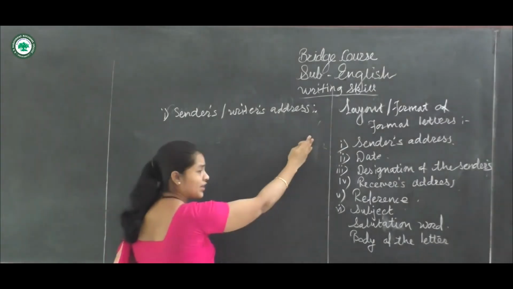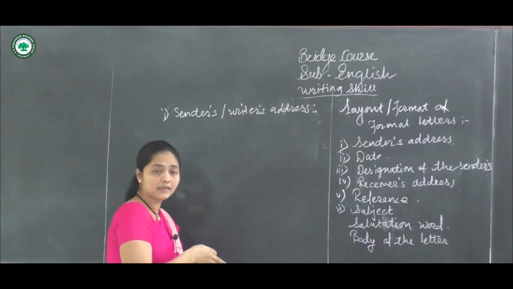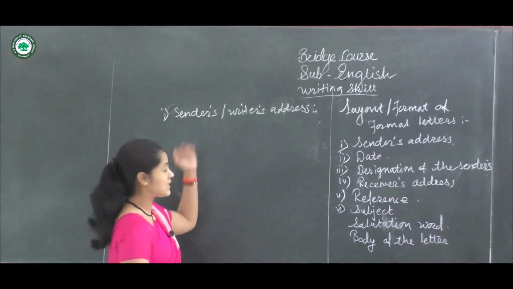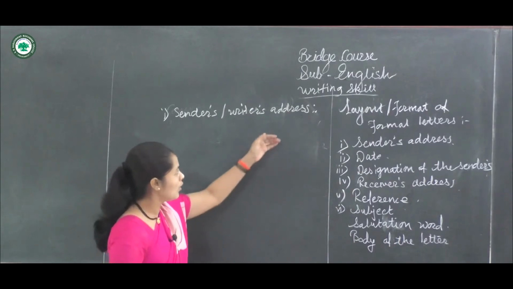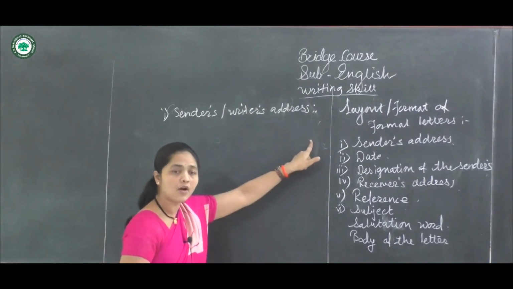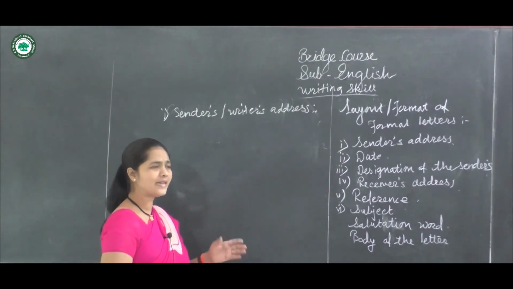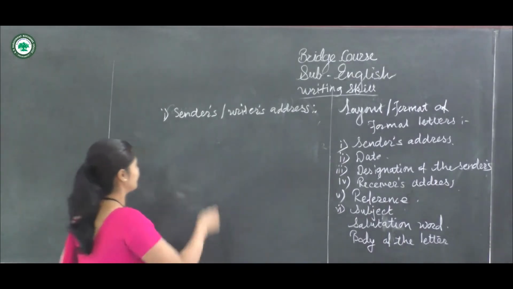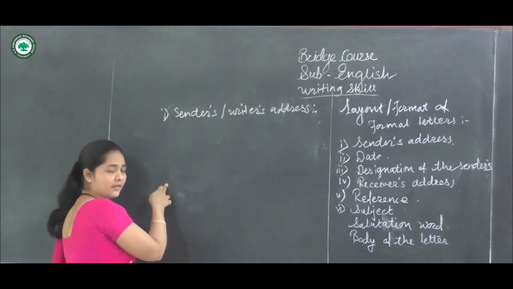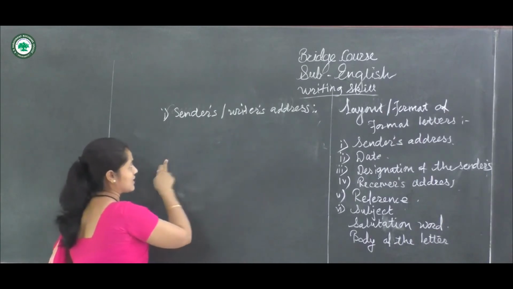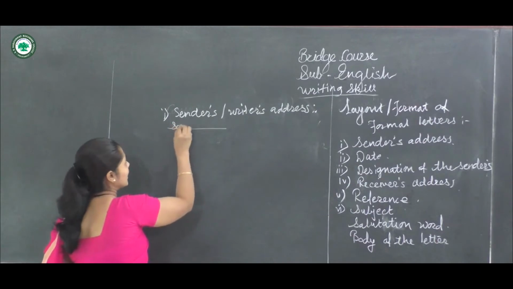The one who writes the letter, the one who is called the sender, should write his or her own address at the right hand of that letter. And today it's accepted that at the right side also you can write your address. Here you have to write your address.